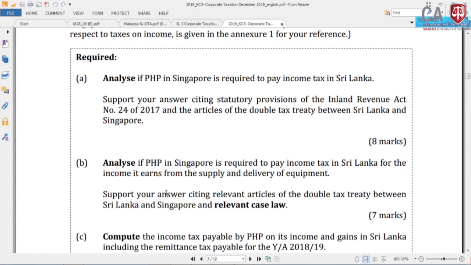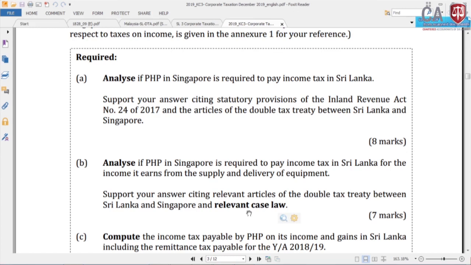Here, support your answer citing relevant articles of the DTA between Sri Lanka and Singapore and relevant case laws. Now, can you remember, when it comes to international taxation, we have only 2 case laws. One is Chivias and Sons Limited versus CIR, for the dependent agent as well as the independent agent, and the Anglo-Persian Oil Company versus CIR.